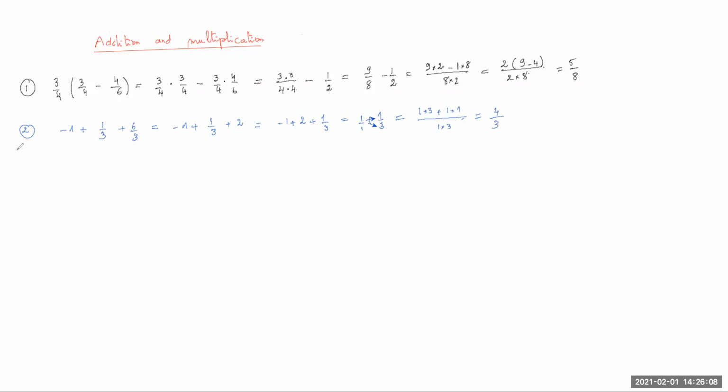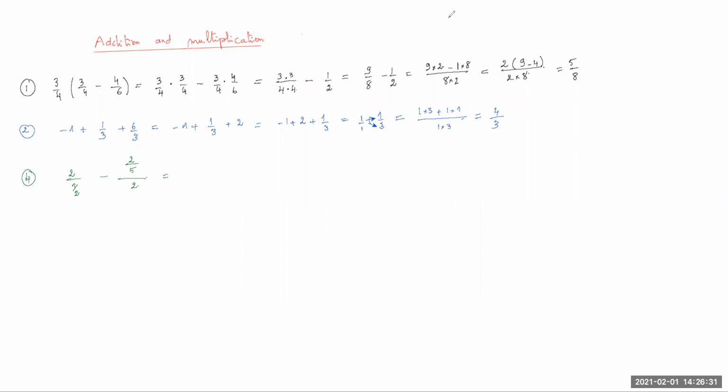Another example when we have fractions. So for example, 2 over 1 over 2 minus 2 over 5 divided by 2. So for me here, I know how to divide two fractions.